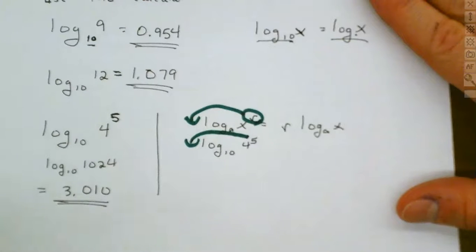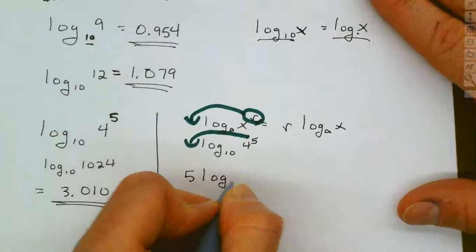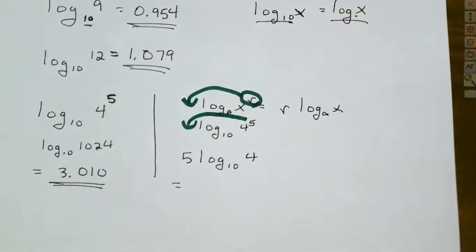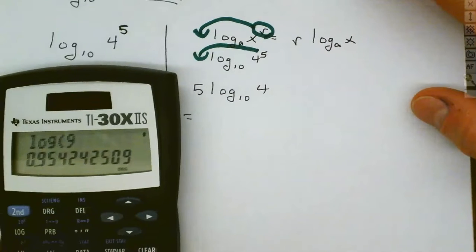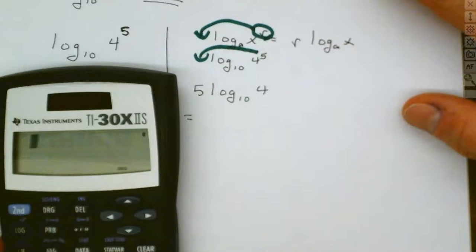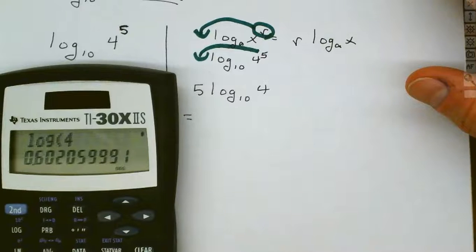And in some cases, this is helpful, because it does make problems easier. And now we've got 5 log base 10 of 4. And what does that come out to give you? Let's see if it gives you the same result. Okay, log base 10 of 4 is that.